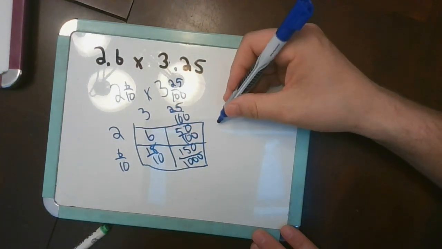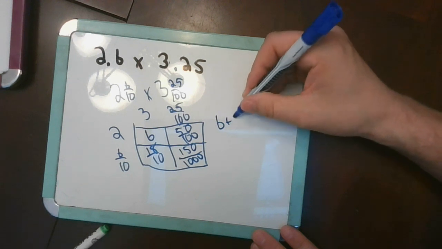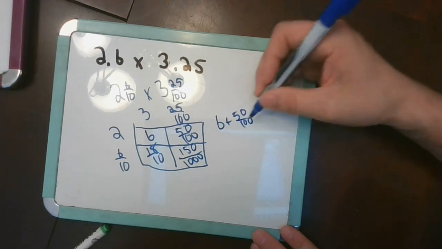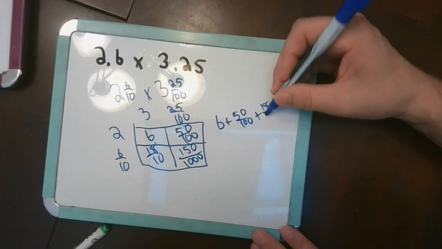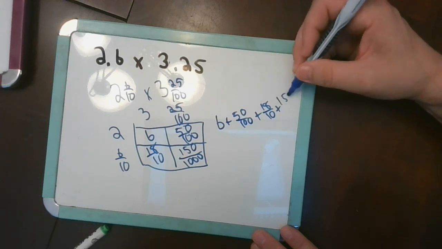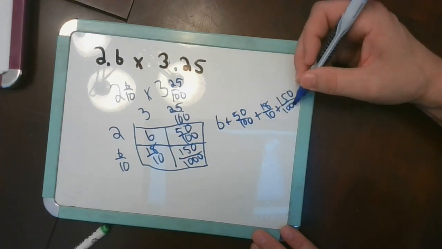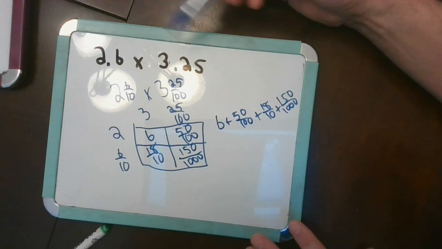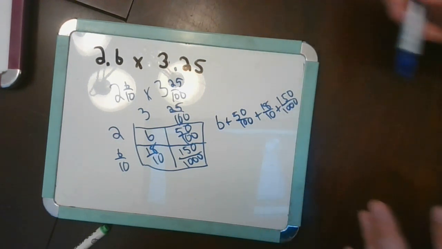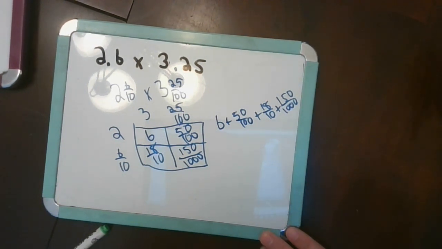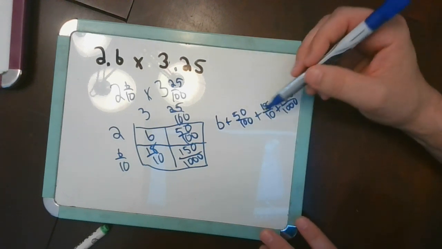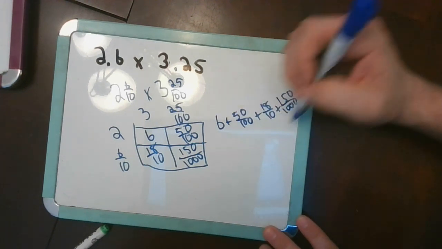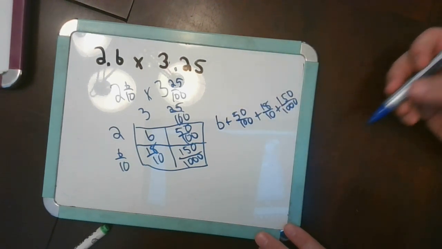So now I'm left with adding 6 plus 50 100ths plus 18/10 plus 150 1,000ths. Now this is why this is a little bit harder, because now I've got a lot of those little pieces that I'm going to have to add together. So I can change all of these into thousandths and add them together.